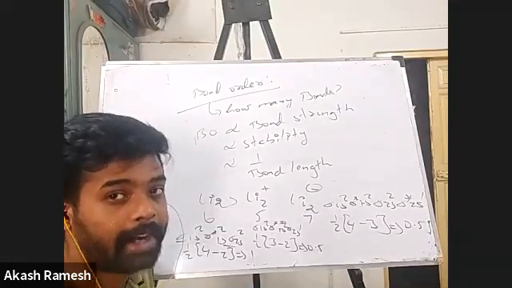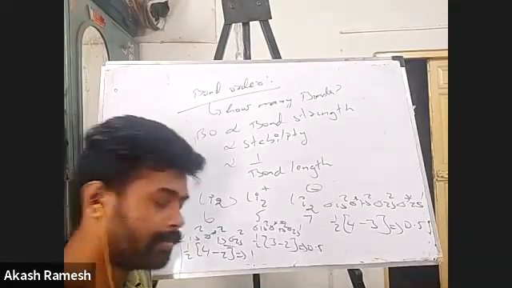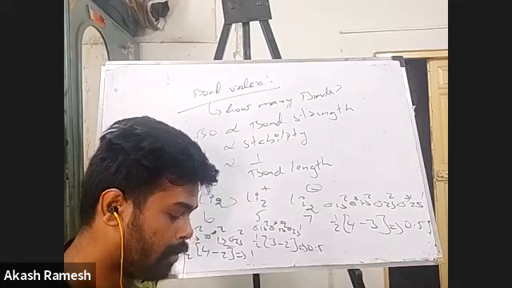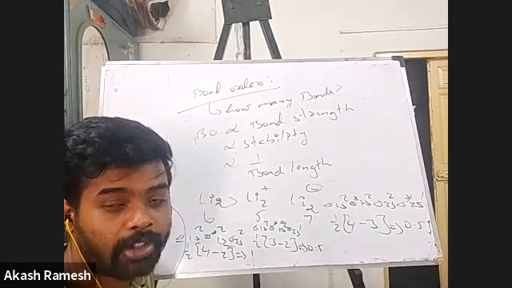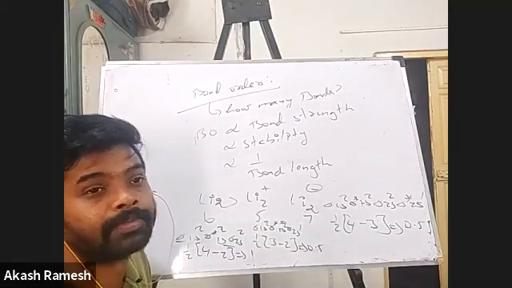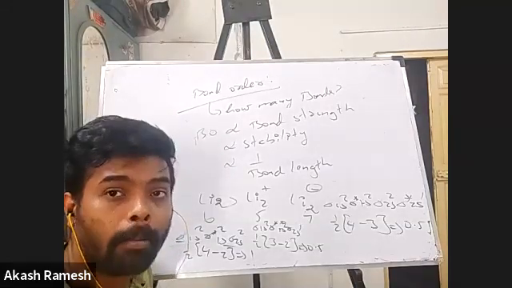What is ABMO? Anti-bonding molecular orbital. So the one with lesser number of electrons in anti-bonding molecular orbitals, you can write it as ABMOs, is more stable.